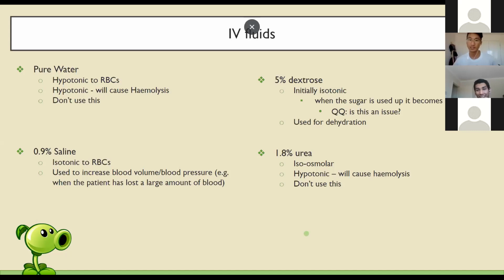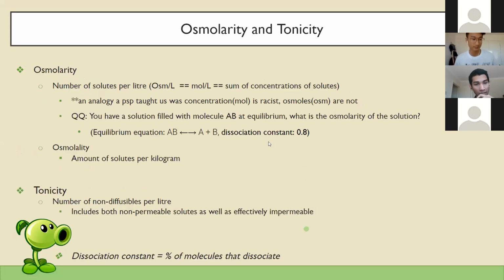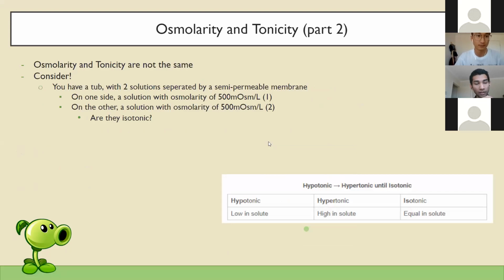Okay, so the question is, what's the difference between isotonic and isoosmolar? That comes back to this previous question here, where you have a solution with a semi-permeable membrane in the middle, with two solutions of 500 milliosmoles per liter on either side.